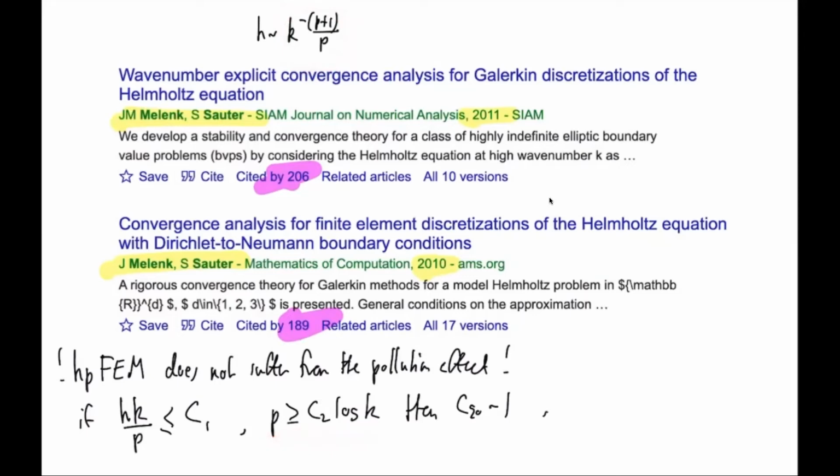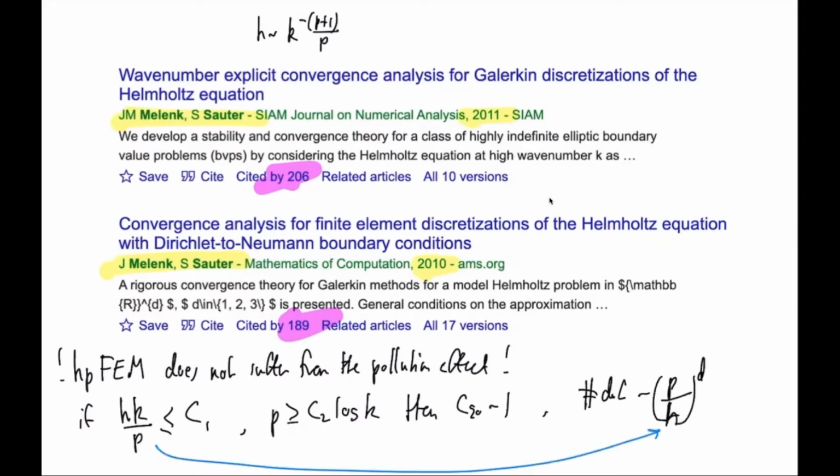Because remember, the total number of degrees of freedom is like (p over h) to the d. By this, I can make a choice: I can make hk over p equal to this constant, and this can then just be proportional to k to the d.